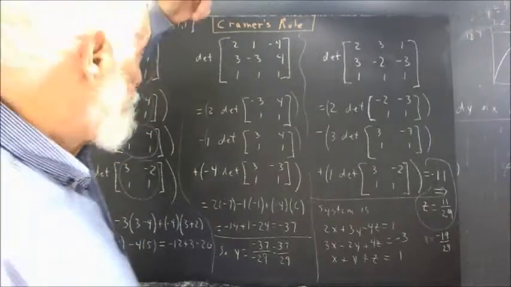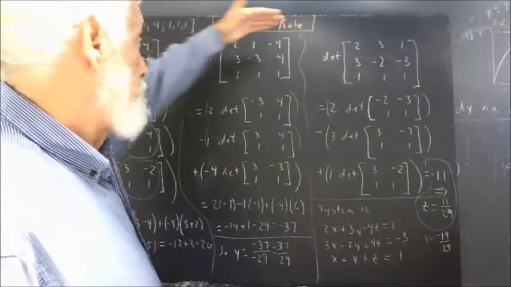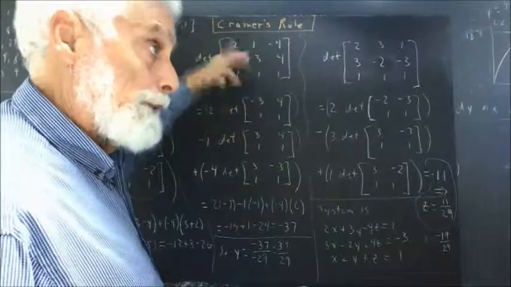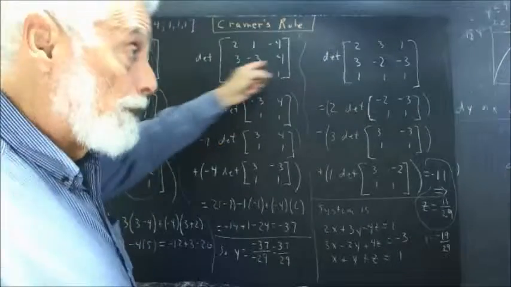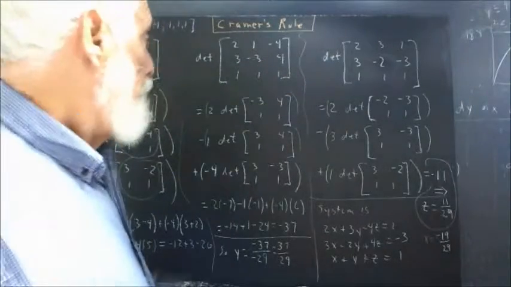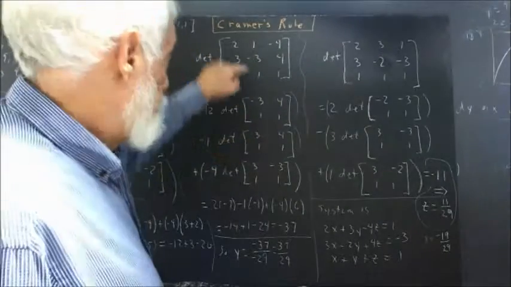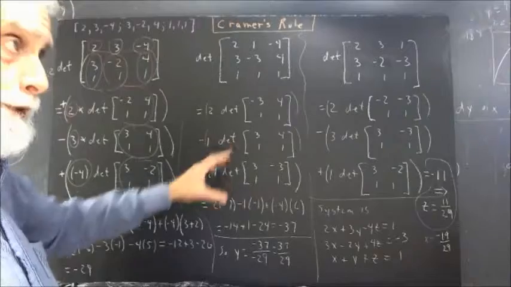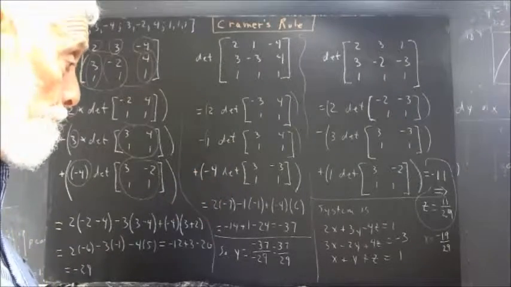You would take the first number in the first row, eliminate that row and column. That would leave you another determinant, but that would be a 3 by 3 determinant, 3 rows and 3 columns. And the 3 by 3 determinant would have to be evaluated just the way we evaluated this one. In other words, you'd have a couple more steps to go.